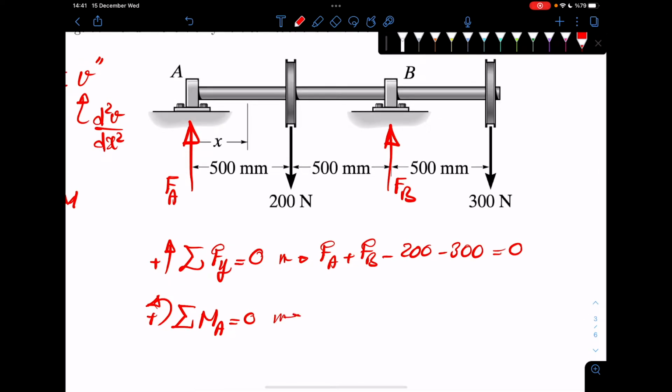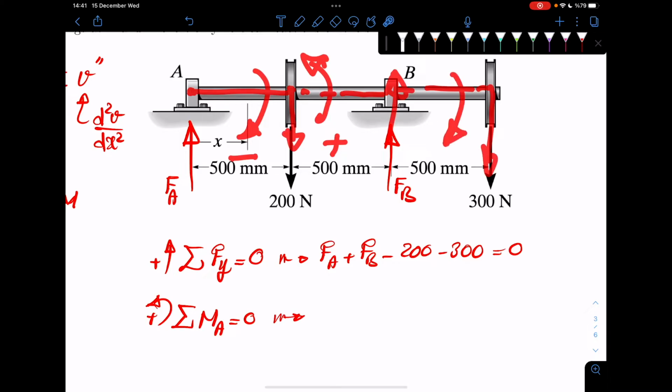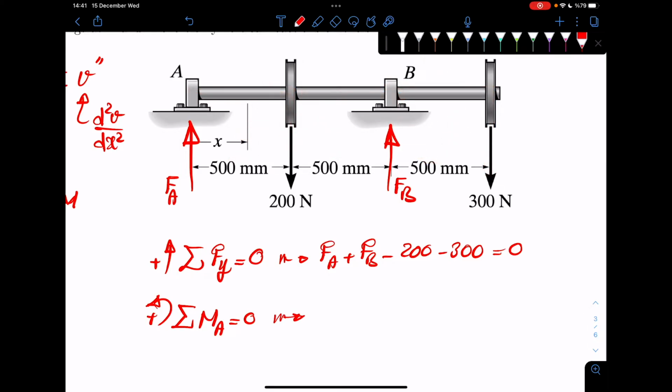So now we write it with respect to point A. This one gives us clockwise, that's minus. This one gives us counterclockwise, that's a plus moment. This one gives us also clockwise, that's a minus. Okay, so we just write them like that.